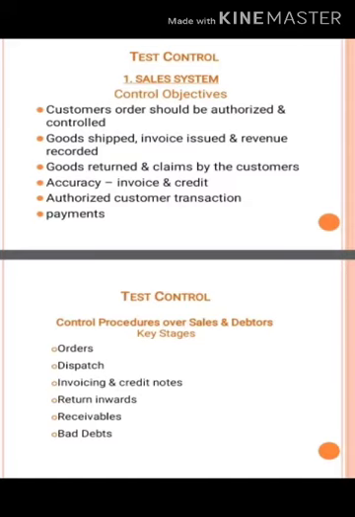So the control objective includes that the customer order should be authorized and controlled, recorded in order to execute them properly. Each and every invoice should be authorized by the responsible officer.